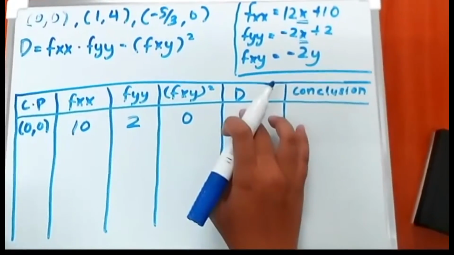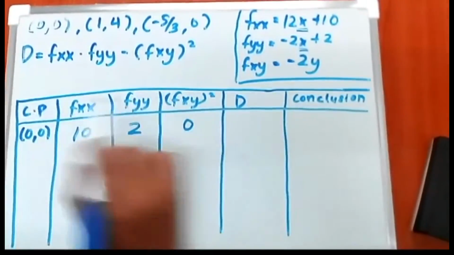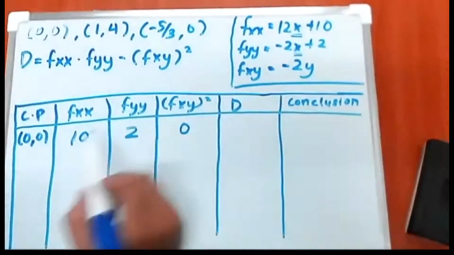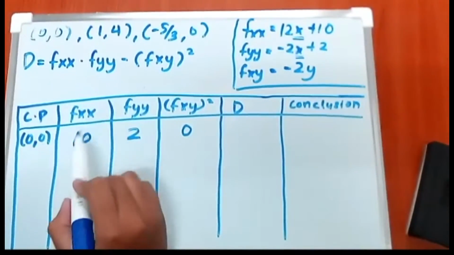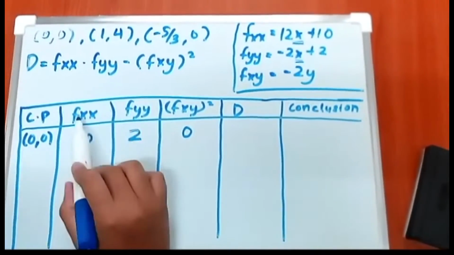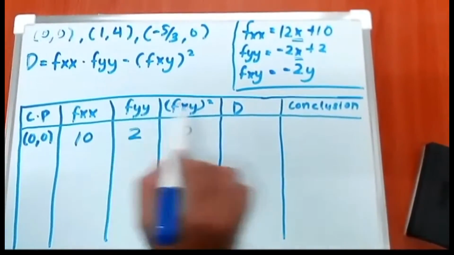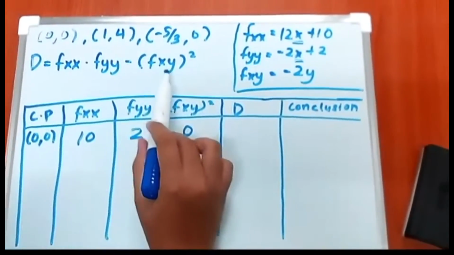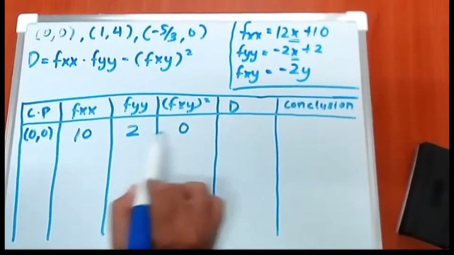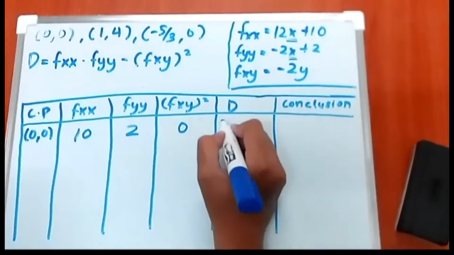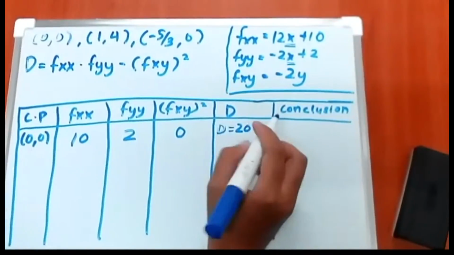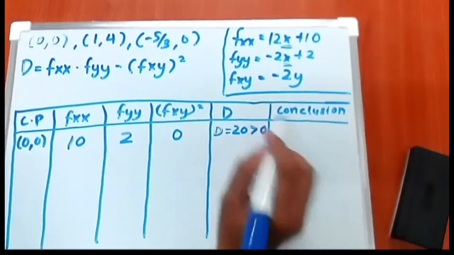For D, we have this full equation, which is fxx times fyy minus fxy squared, which means you have to multiply 10 times 2, and minus 0. That will give you D = 20, which is greater than 0.